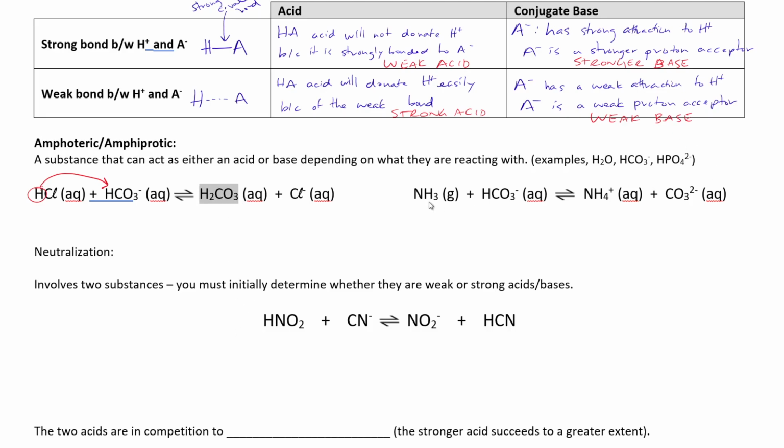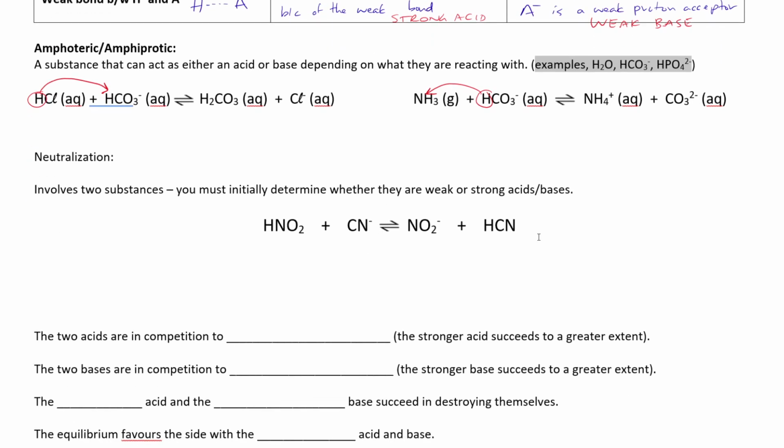Whereas if HCO3 minus reacts with a base, it will donate its proton. So it can basically go either way depending on what it is reacting with, right? So it could either be an acid or a base depending on what it is reacting with, just as it says up here. And here are some of the other examples, like water, or the hydrogen phosphate ion.